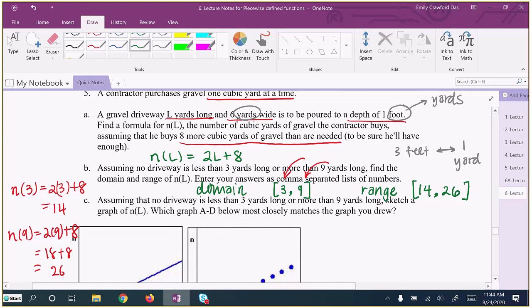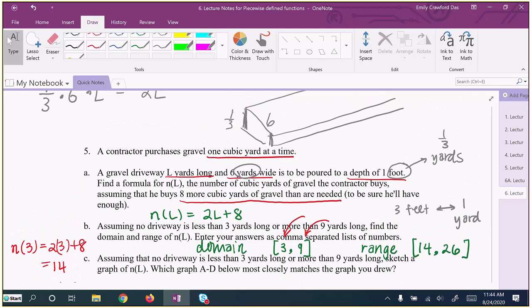But there is one catch here, and that goes back to a contractor purchases gravel 1 cubic yard at a time. So when I write the range as an interval, I'm saying that I could have 14.5 cubic yards, or I could have 19 cubic yards, or anything, 19.5, 19 1/3, 19 1/10.